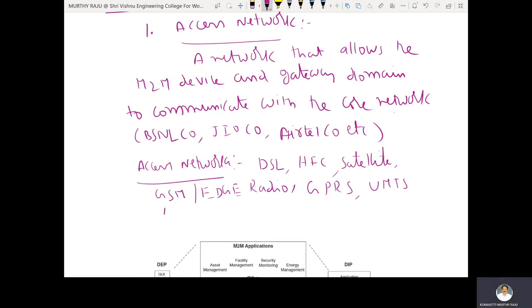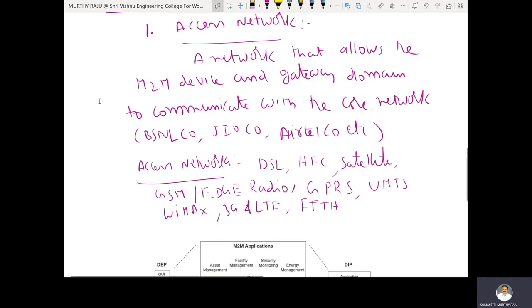And also WiMAX, which is worldwide interoperability for microwave access, 3G and LTE for mobile communication, and FTTH, which means fiber to the home.